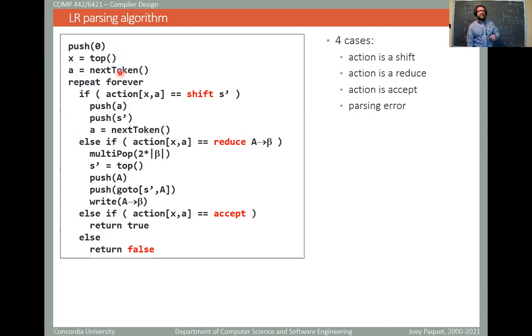Okay. Then you have this repeat forever loop here, which ends only if you hit either return true or return false. If you return false, of course, that means you have had a parsing error, that your parsing resulted in the conclusion that you cannot parse this input stream.